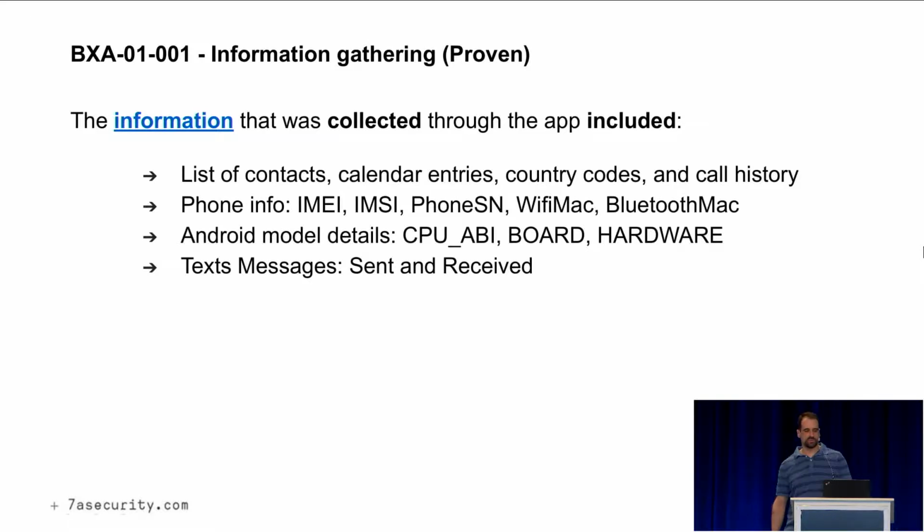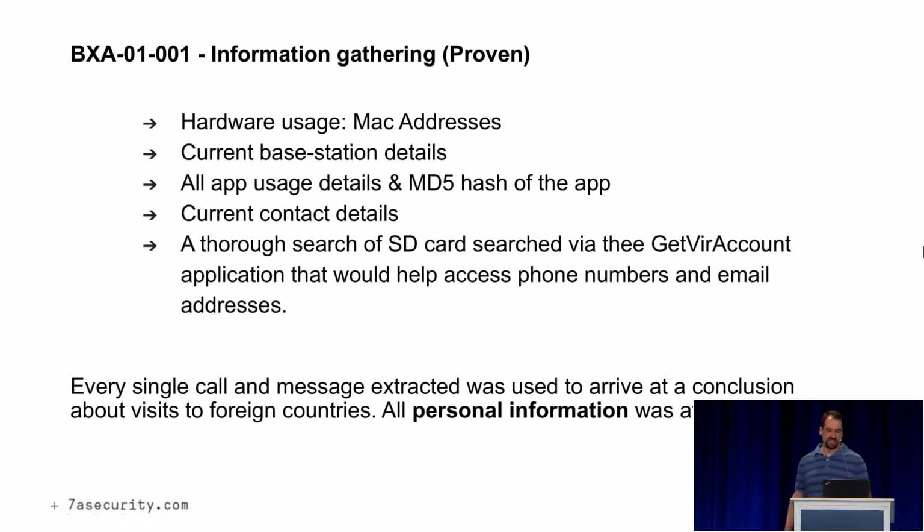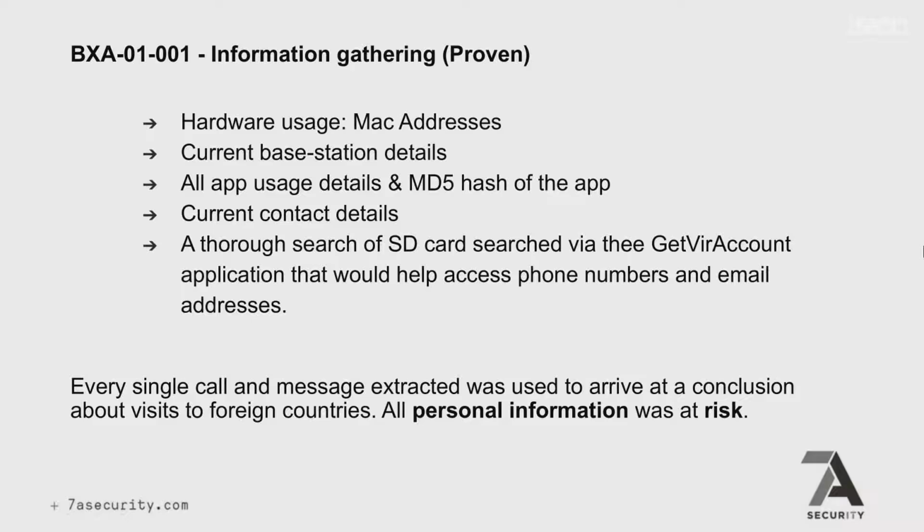Yeah, so some of the issues found: collection of IMEI, IMSI, Wi-Fi MAC, Bluetooth MAC, other information about Android, text messages sent and received, list of contacts, calendar entries, country codes, and call history. So pretty much everything. That can tell a lot about yourself, right? And then other things, like hardware usage, all app usage details, and the MD5 hash of the app.